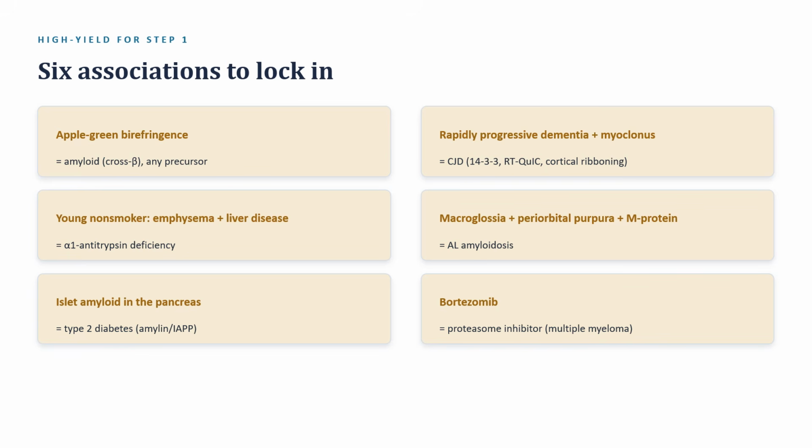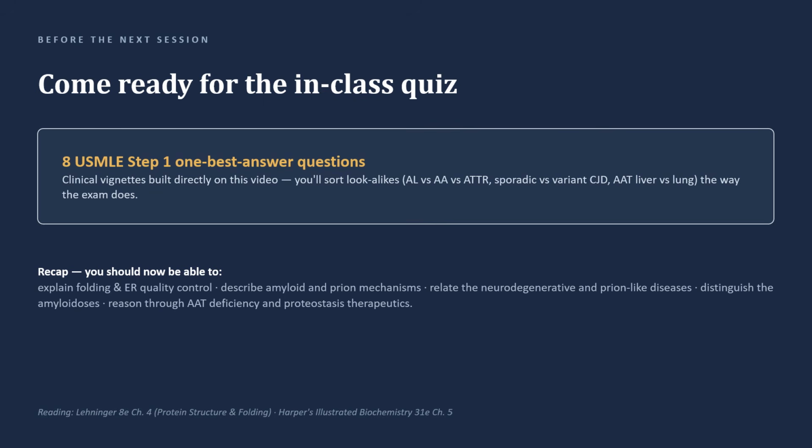Macroglossia and periorbital purpura with a monoclonal protein means AL amyloidosis. Islet amyloid in the pancreas means type 2 diabetes from amylin, and bortezomib is a proteasome inhibitor used in multiple myeloma. If you know these 6 codes, you'll recognize most of what we do in class.